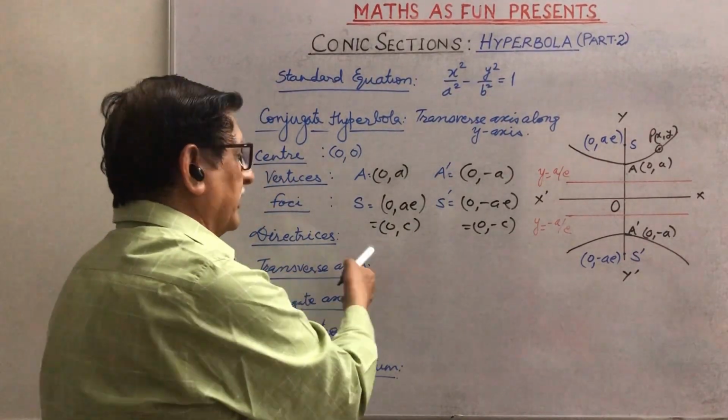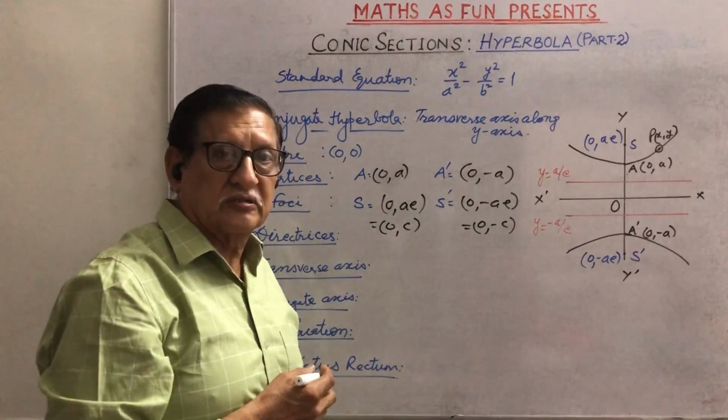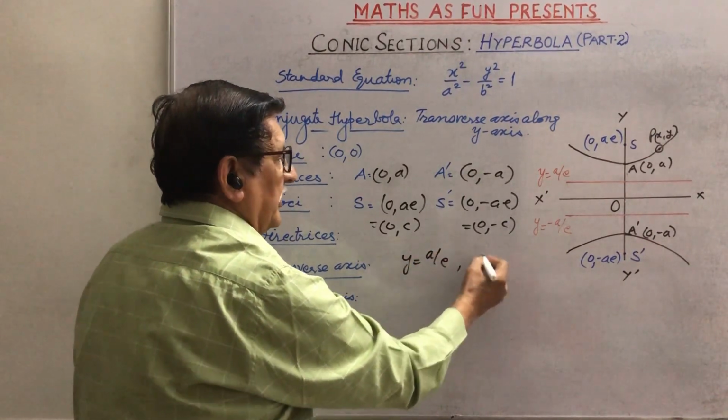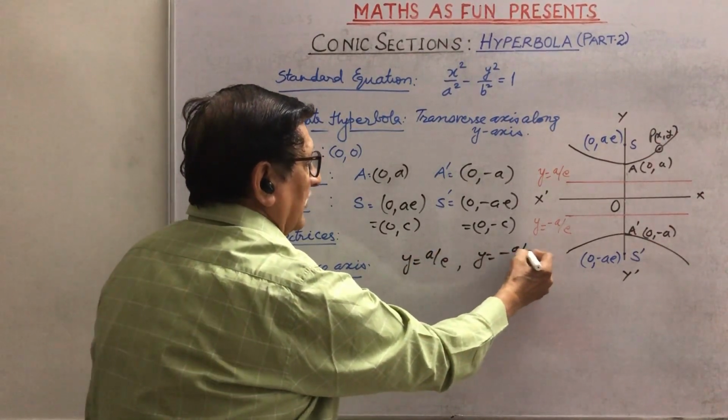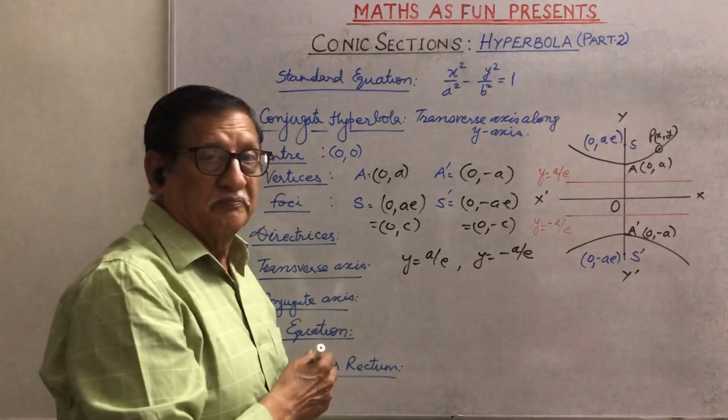Now what about the directrices? Directrices here will be parallel to the x-axis and that will be y equal to a upon e and y is equal to minus a upon e. Now what about the transverse axis?